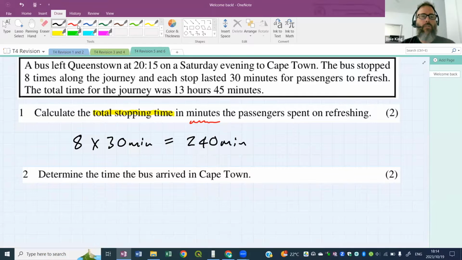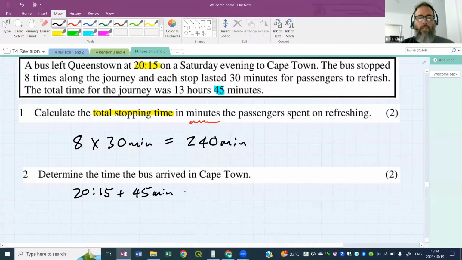So we've got 8:15 as a starting point, and then we've got 13 hours and 45 minutes. If we just take the 45 minutes and add it to the 15, that'll give us 9 o'clock. I'm just doing it in bits and pieces here, but we'll try the calculator method after this. 8:15 plus 45 minutes gives us 9 o'clock.